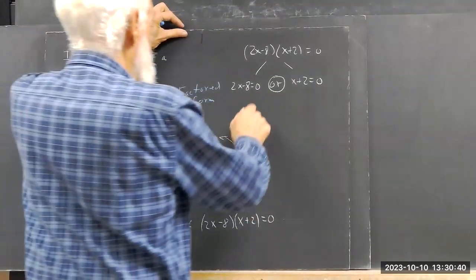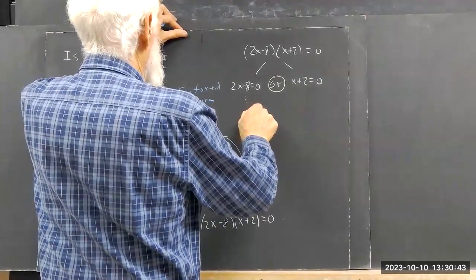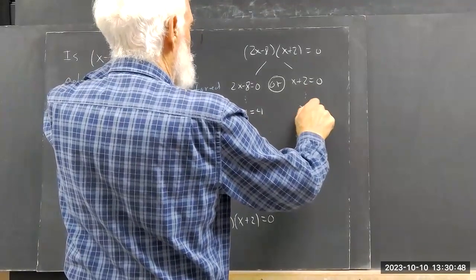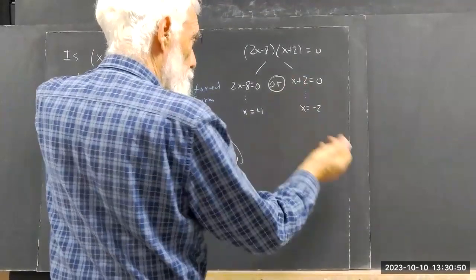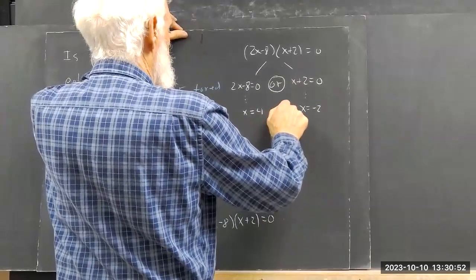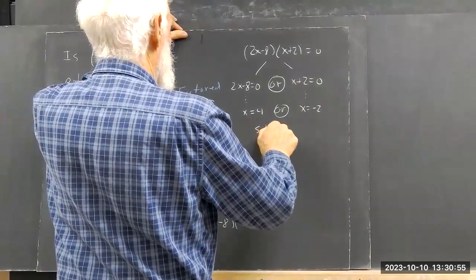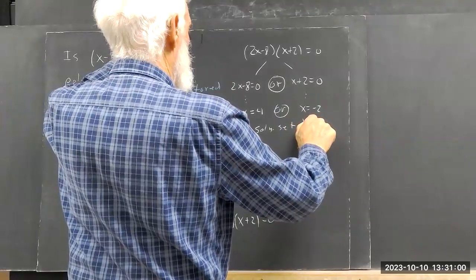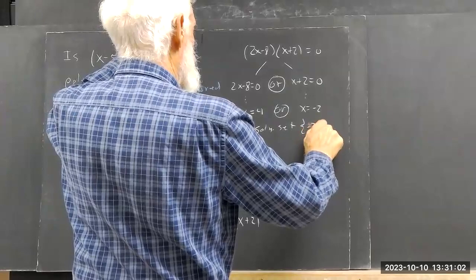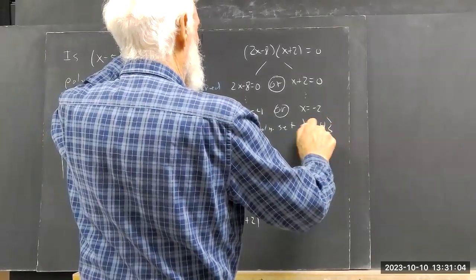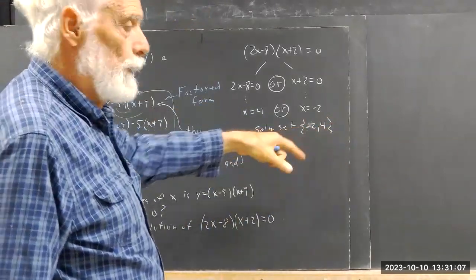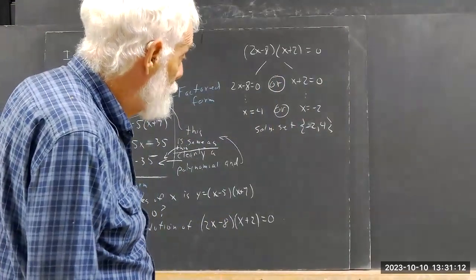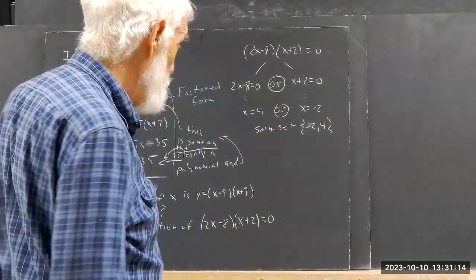Well, the solution here, we just do a couple of steps. This is easy to solve. x equals 4. x equals -2. We do it by formal algebraic steps. Usually write the numbers in order from least to greatest. This makes it easier for people to read.